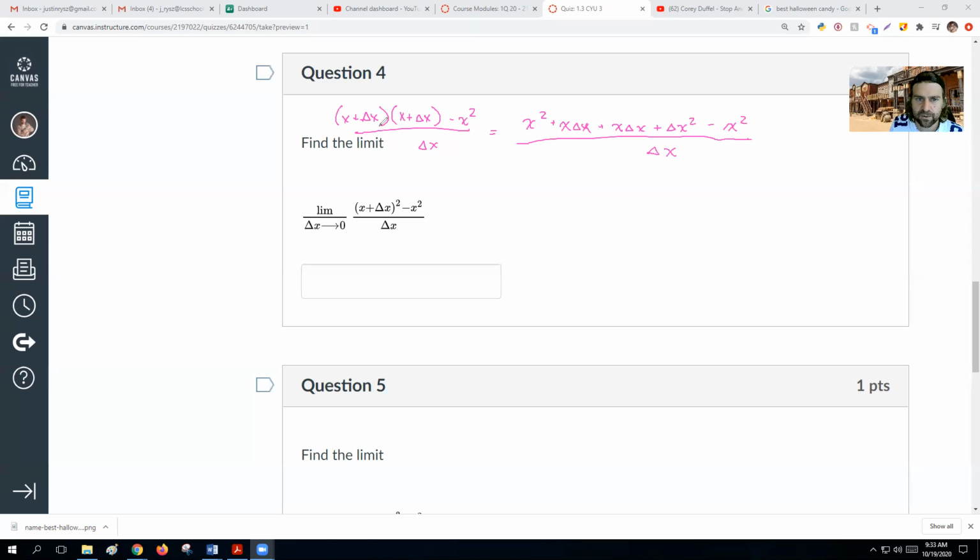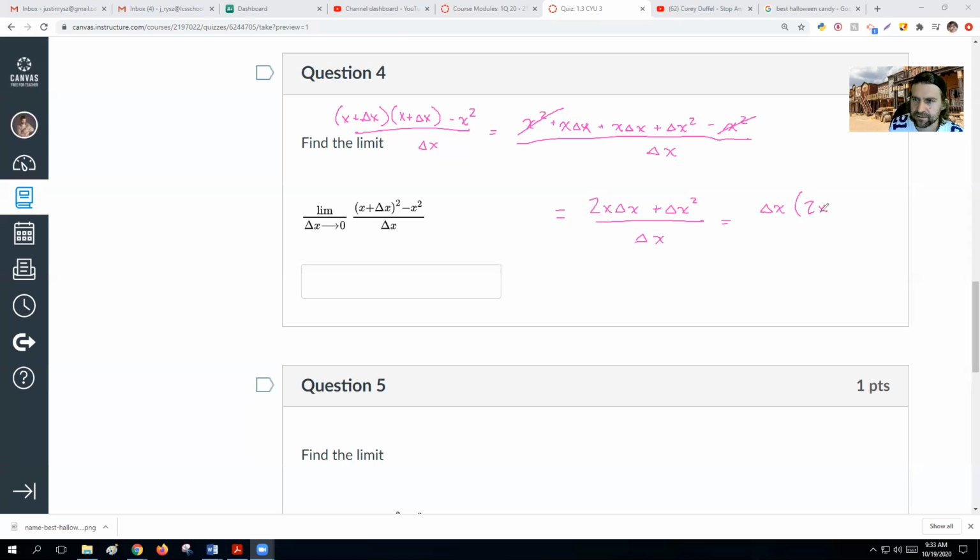So we've squared this term here. Let's see what happens. Our x squareds cancel each other out, and we're left with 2x delta x and another delta x squared, all over delta x still. We still didn't get this out, but if we look at the top, both terms have a delta x, so we can factor out a delta x.